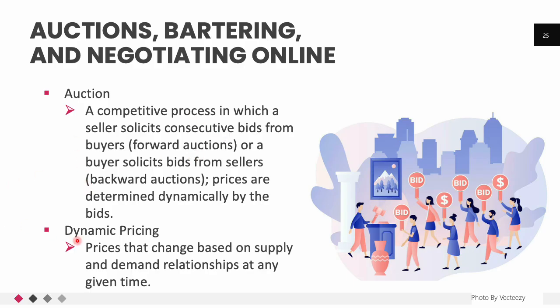And then the next one is called dynamic pricing. Dynamic pricing is prices that change like the weather. How can it change? It's a nice question. The price will adjust automatically based on demand.